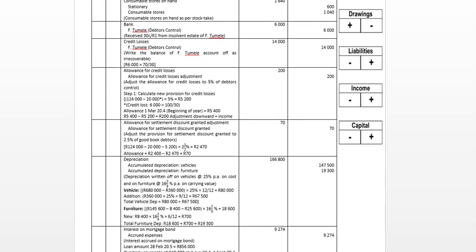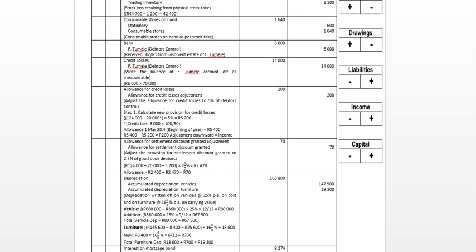So if we record that, we know that income increases on the credit side. Remember, the adjustment represents whether it is the income or the expense account. So for our allowance for credit loss adjustment, our income increases by 200 Rand, so we're going to credit that.